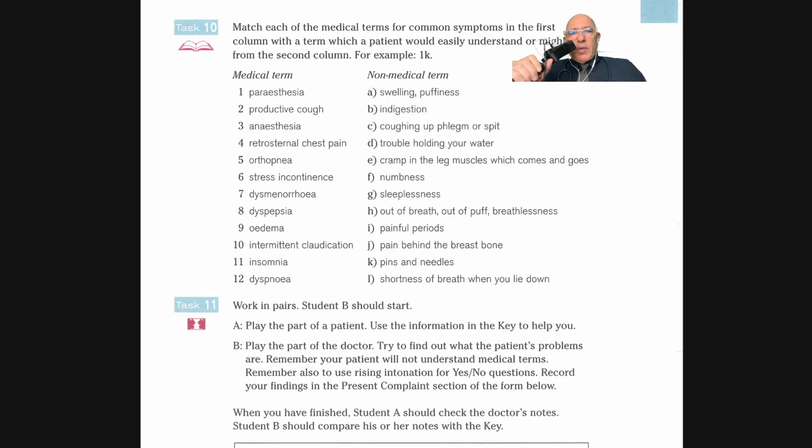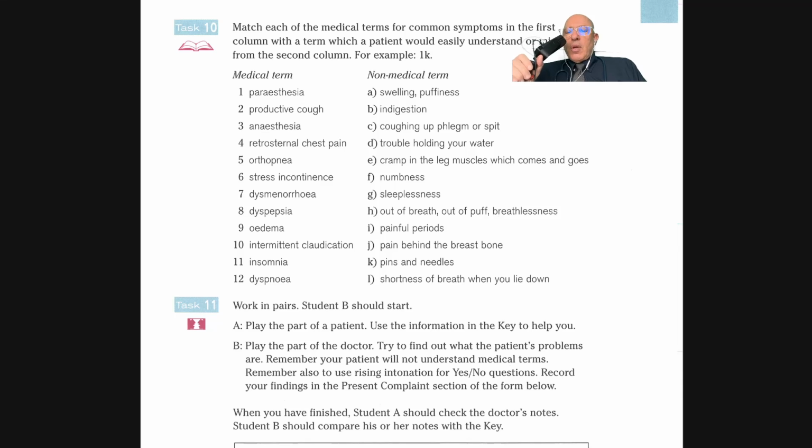And the correct answer is E, cramp in the leg muscles coming and going. Insomnia, G, sleeplessness. Dyspnea, number 12, the last one, out of breath, out of puff, breathlessness.